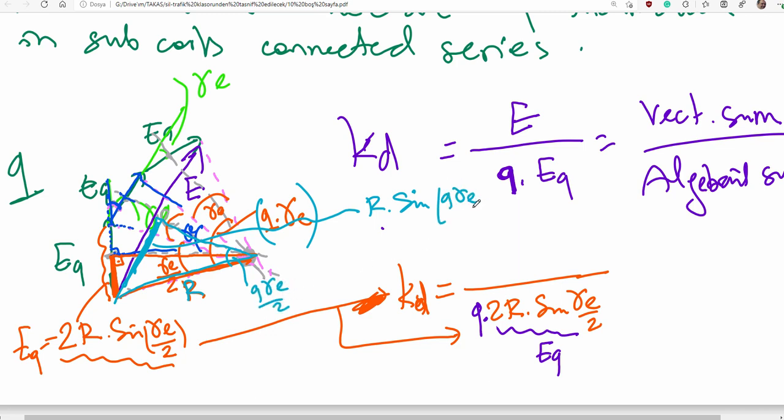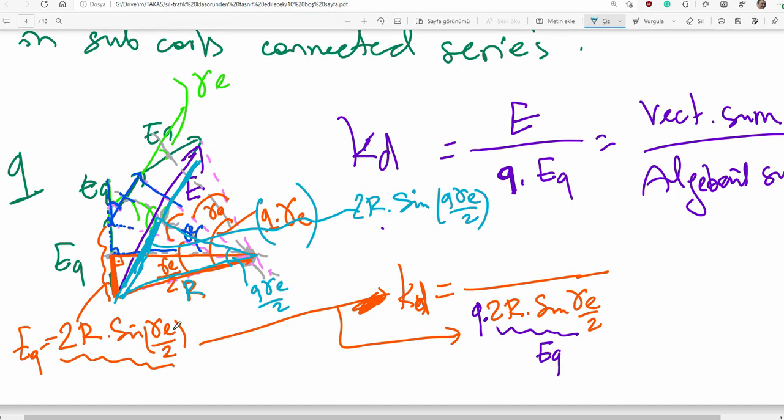That is only 1/2, and here's another, so 2. That is the vectorial summation. 2R sine Q gamma E over 2.